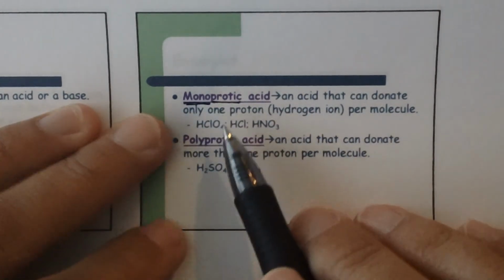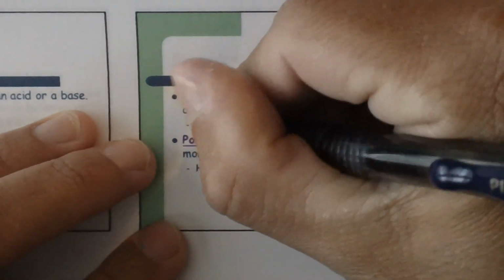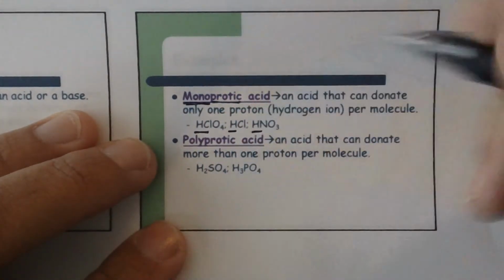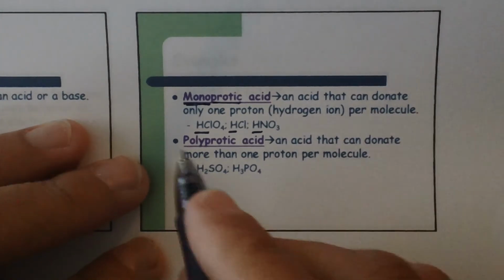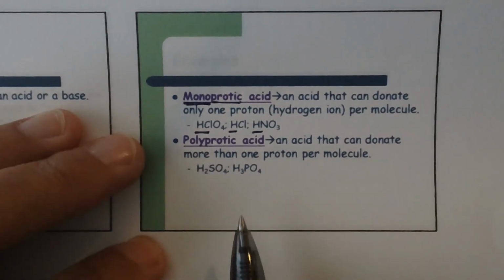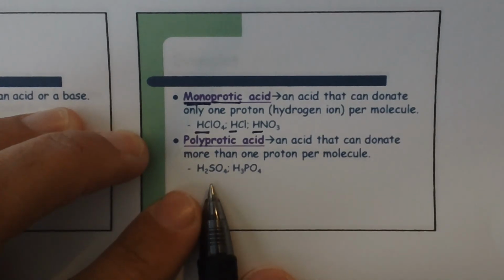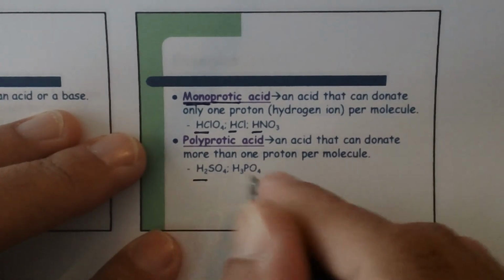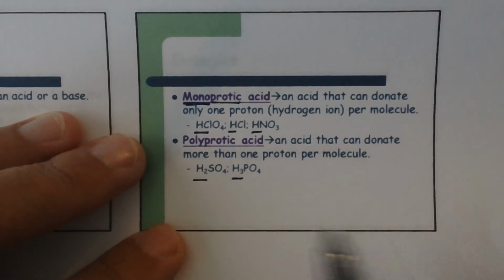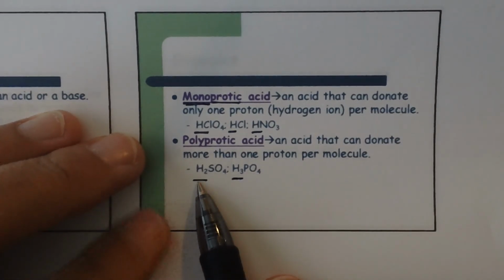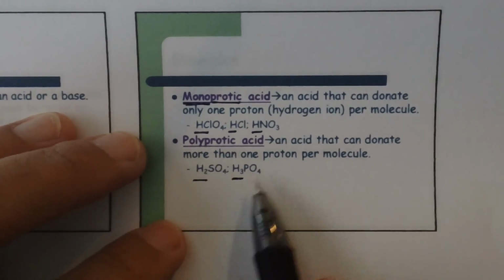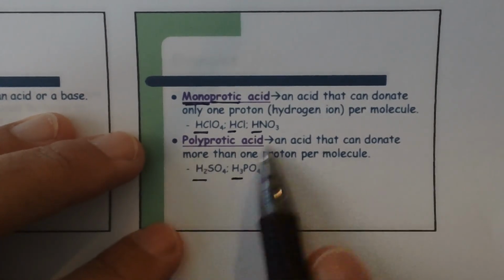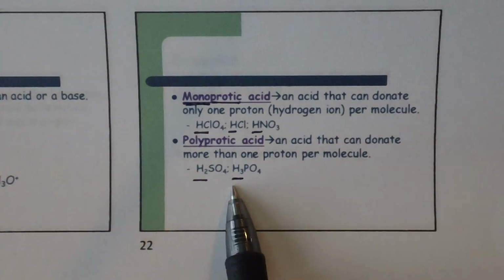So one proton, any acids that have one hydrogen to donate are considered monoprotic. Polyprotic, many protons, and so acids that have more than one hydrogen to donate, those would be considered polyprotic. You'll actually see the word diprotic when they have two hydrogens. You'll see triprotic if they have three hydrogens. Those all get lumped in together as polyprotic acids.